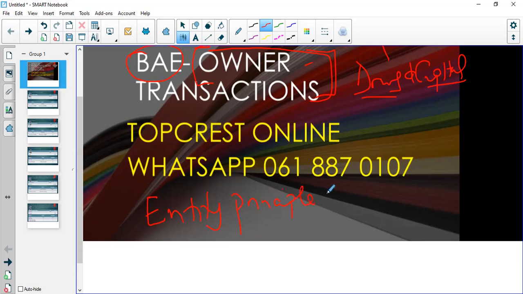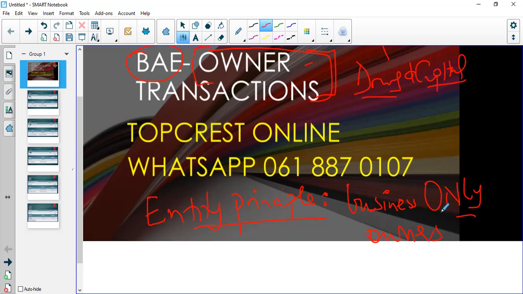Now, the entity principle says that in accounting, we're going to record the transactions of the business only. In other words, we're not going to record the transactions that the owners enter into.